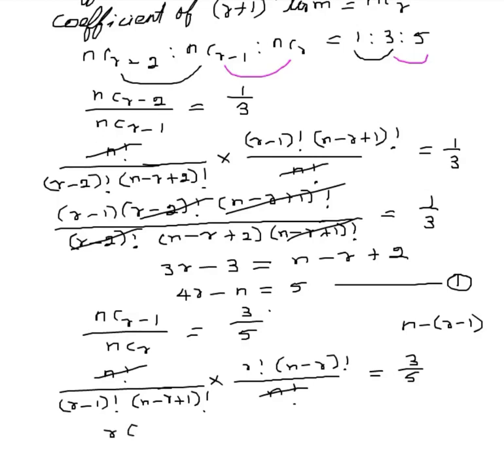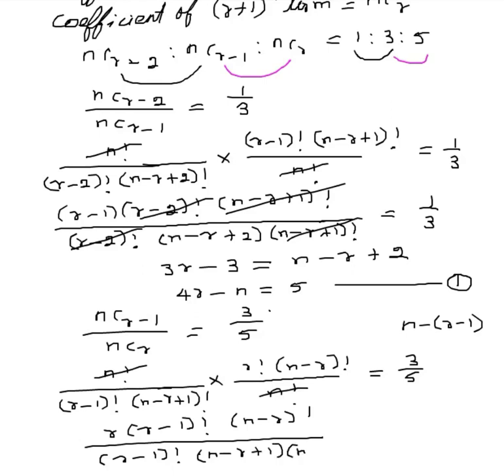r factorial can be written as r times r minus 1 factorial, divided by r minus 1 factorial times. Let us split n minus r plus 1 factorial as n minus r plus 1 times n minus r factorial, equals 3 by 5.